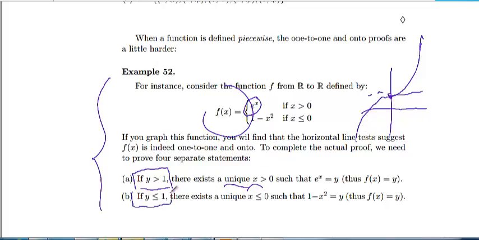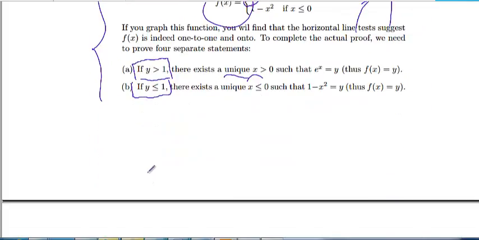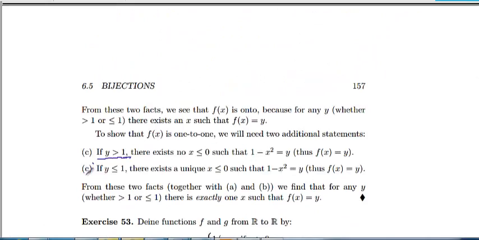So these four statements, here's two of them, and here's the other two, characterize the entire statement that the function f is one-to-one and onto.